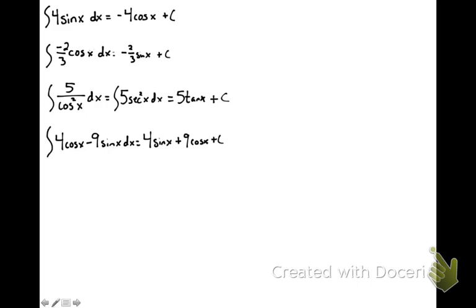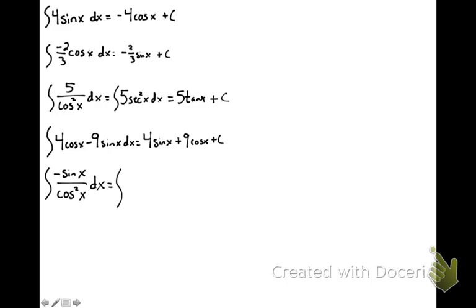Our next example, dealing with the trig. What is the integral of negative sine x over cosine squared x dx? Well, I don't know anything about these specifically, nor do I know it about a quotient form, but I do know that sine over cosine is tangent.